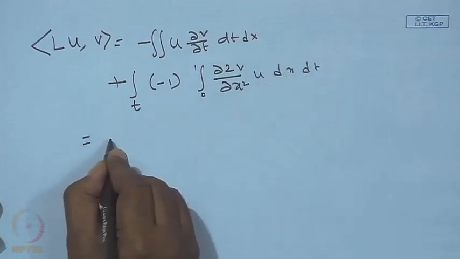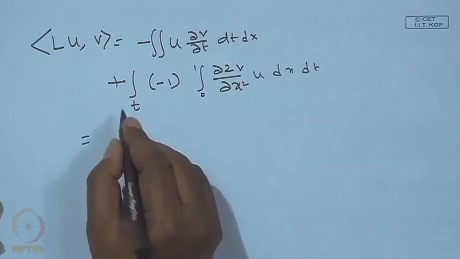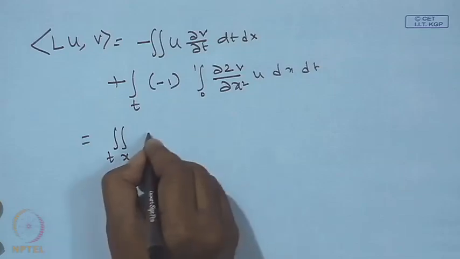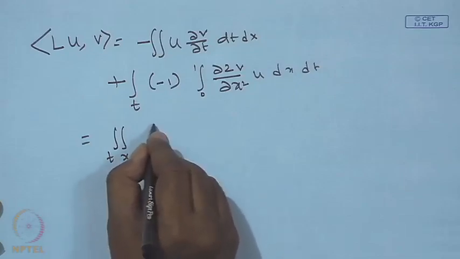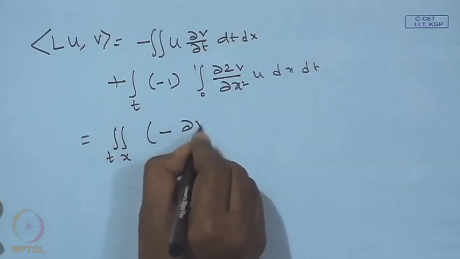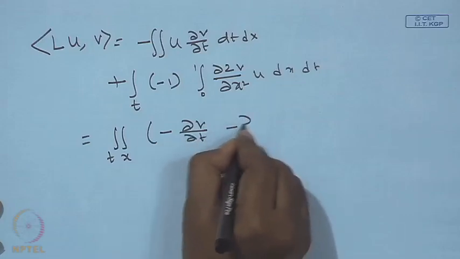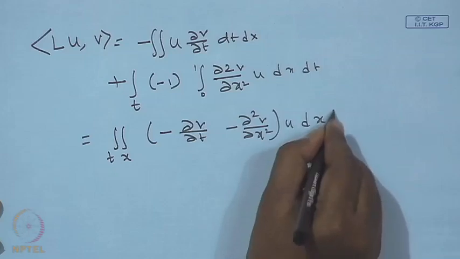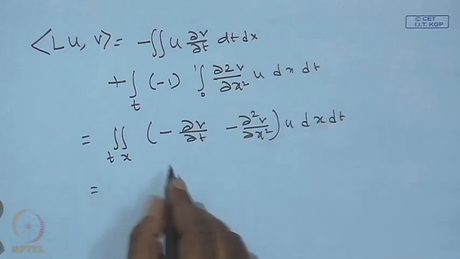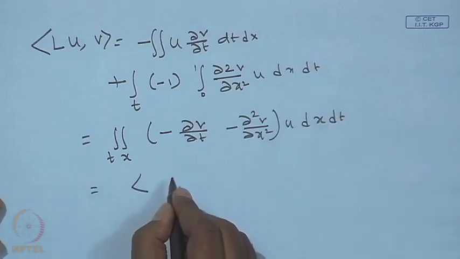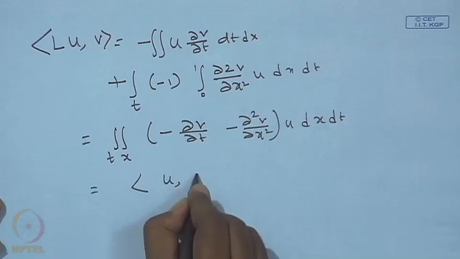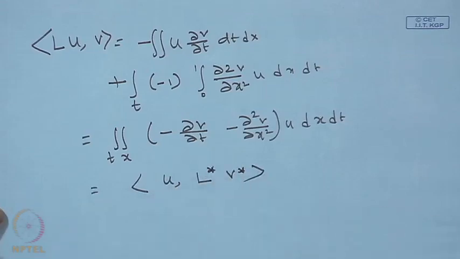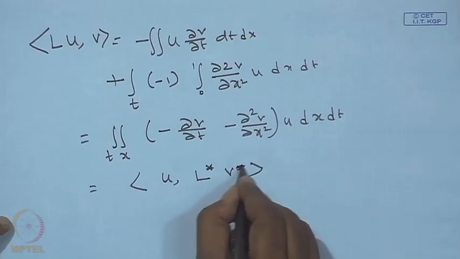So, ultimately what we will be obtaining is the double integral, one over t, another over x, of minus del v del t minus del square v del x square times u dx dt. So, you will be getting the inner product of u and L star v.